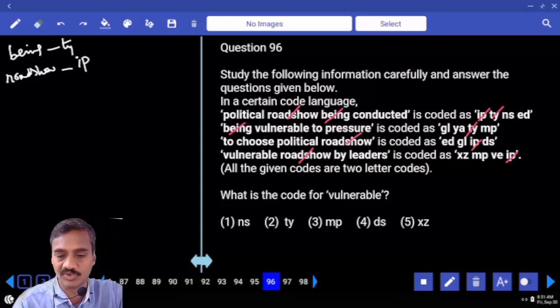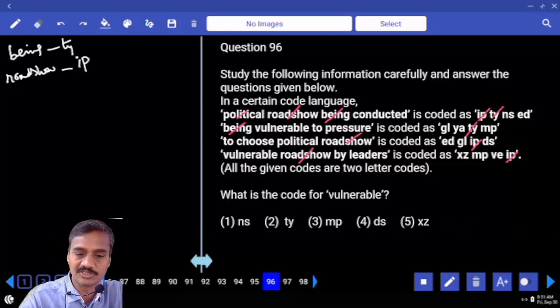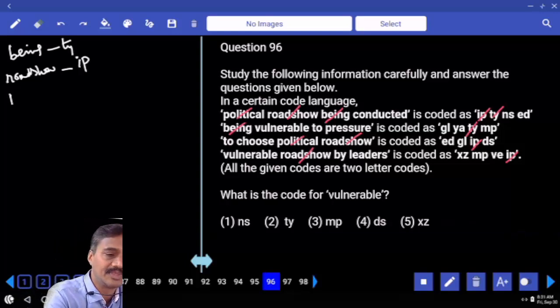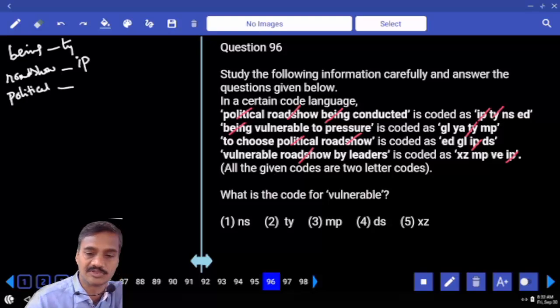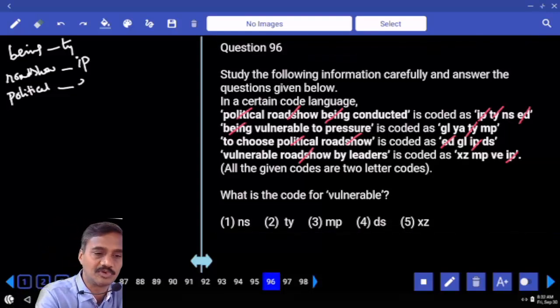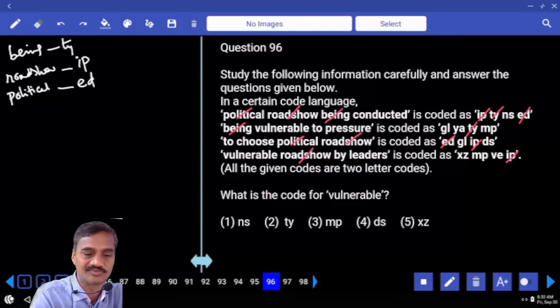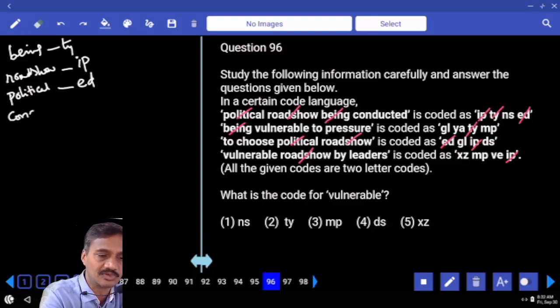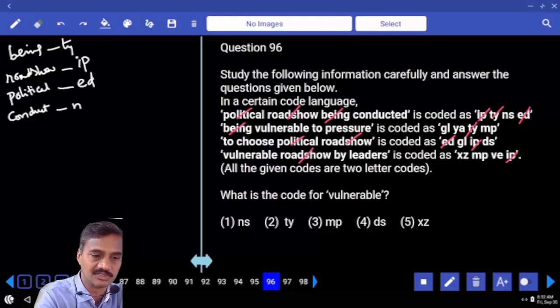Then if you compare 1 and 3, political is the word that is common between 1 and 3. And what is the code that is common here? NSED. ED is common. And the code for political is ED. Then what is left over here? Conducted. Conducted is NS.